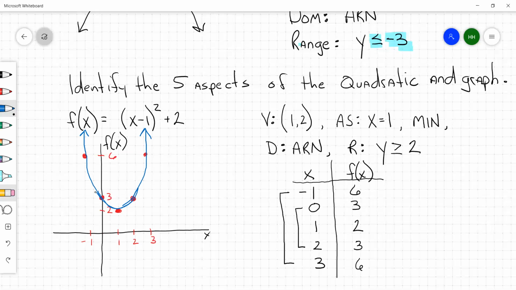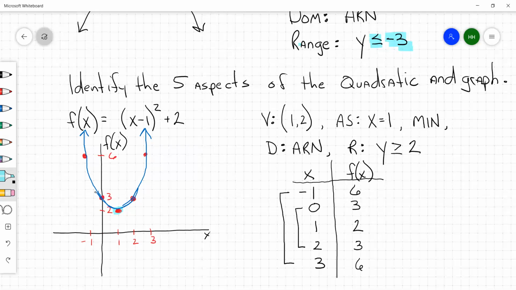So over here is our 5 aspects of the graph. Vertex, axis of symmetry. We've got a minimum value since the vertex is at the bottom. Our domain is all real numbers. Our range is everything greater than or equal to positive 2. All of our y values will be above positive 2. All right?